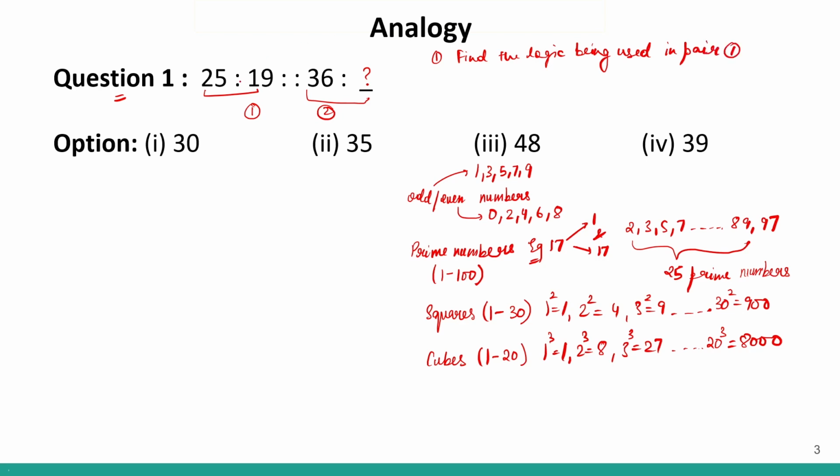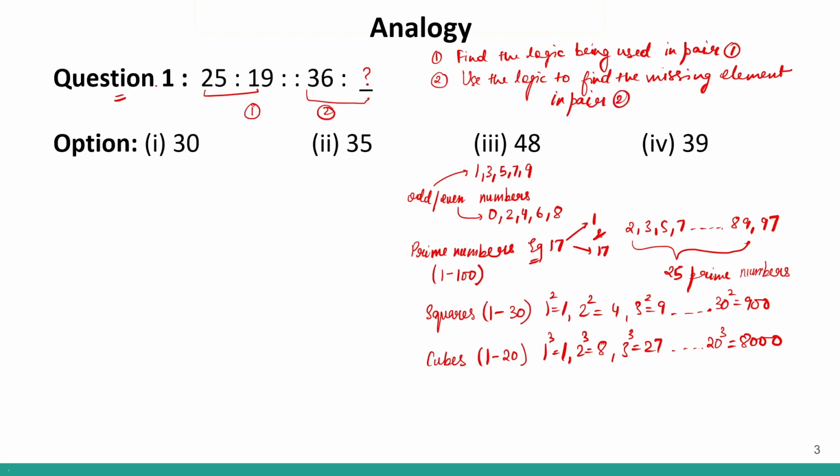What is the relationship between the elements in pair 1? The second step is to use the exact same logic to find the missing element in pair 2. These are the two steps that we follow in order to solve any question on analogy.